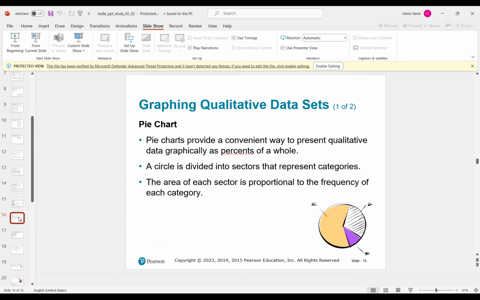When we look at pie charts now, they provide a convenient way to present qualitative data graphically as percents of a whole. The circle is divided into sectors that represent categories. The area of each sector is proportional to the frequency of each category.